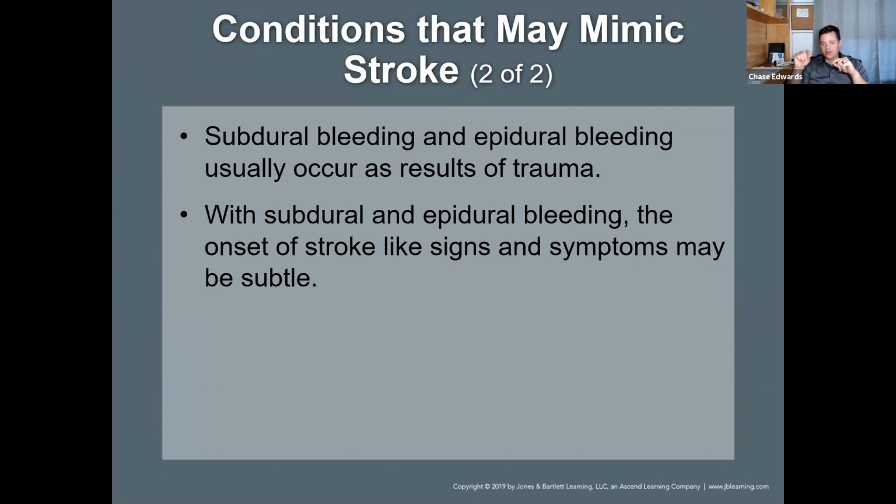A fracture near the temporal region of the skull may cause an artery to bleed on top of the dura, resulting in pressure on the brain. Because the source of bleeding is from an artery, the onset of symptoms from epidural bleeding is usually very rapid after the injury. So with subdural and epidural bleeding, the onset of stroke-like signs and symptoms may be subtle.